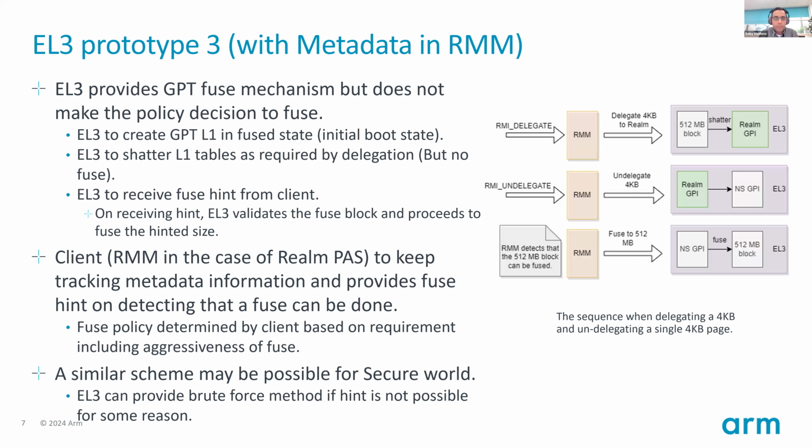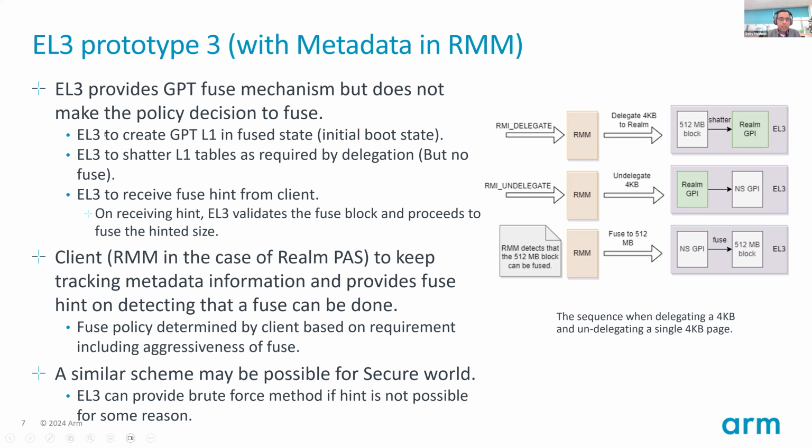Now, the third prototype that we tried is to move the tracking metadata to RMM. The way we do this is that EL3 provides the fuse mechanism, but it doesn't make the decision to fuse.